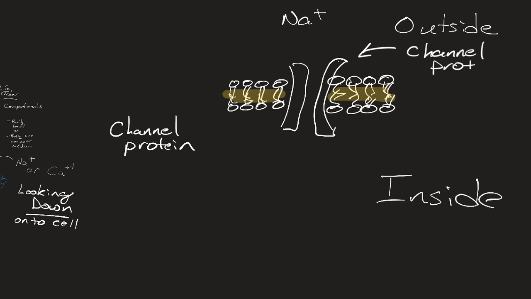A protein that's basically a tunnel, a connection between outside and inside. What's it allowing? A charged particle, in this case, sodium ion. That's the problem. It can't get through the membrane because it's charged. But with a channel protein, it can get in.